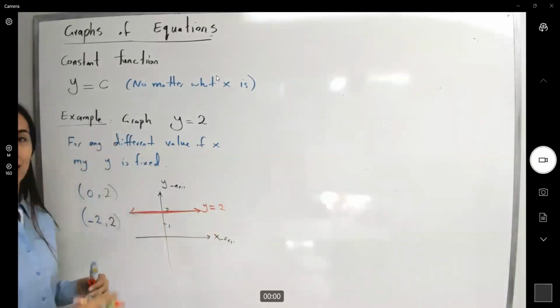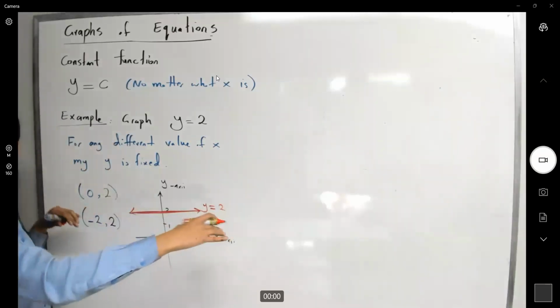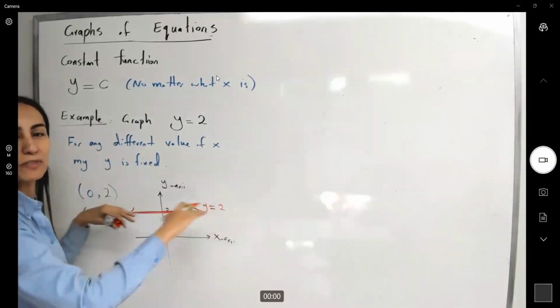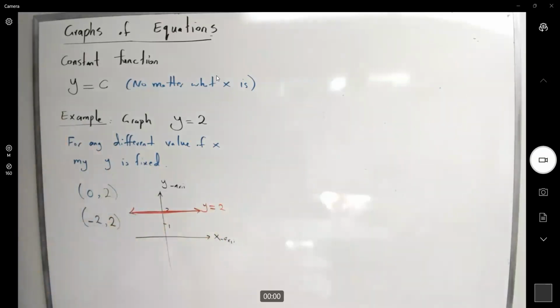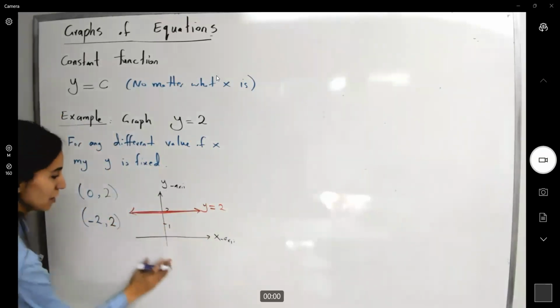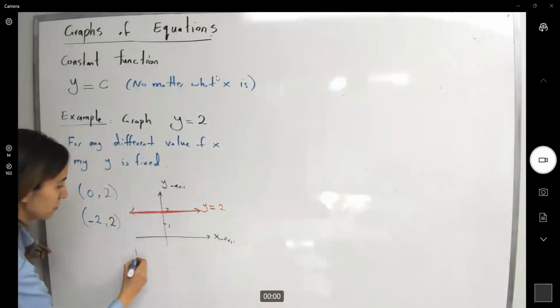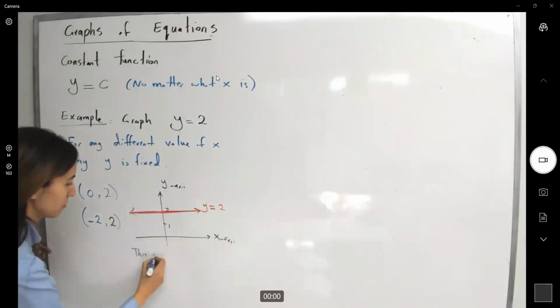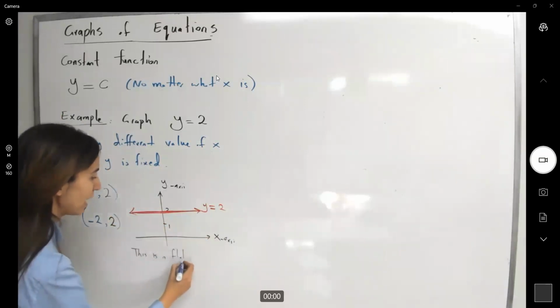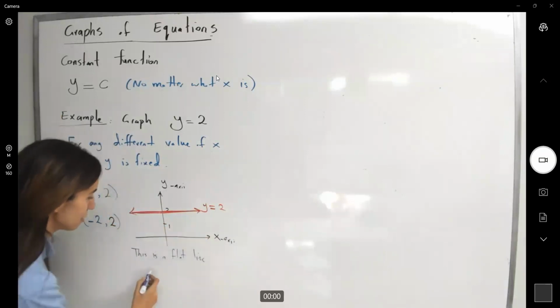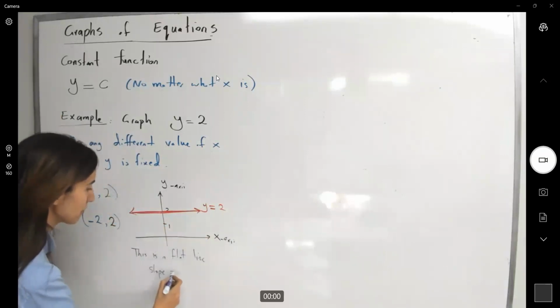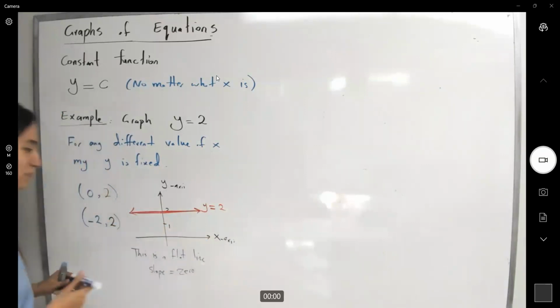We have a line which is flat. The slope of this line is 0. So this is a flat line. Slope is 0.